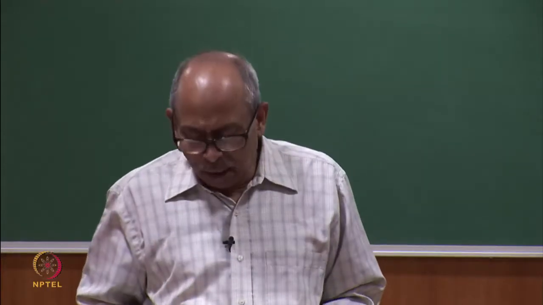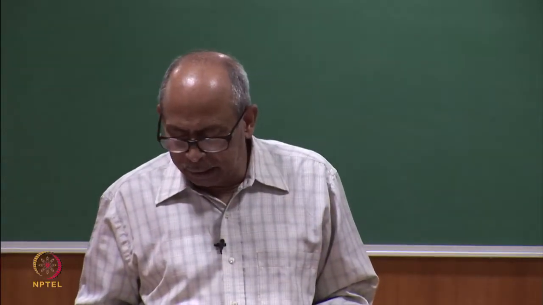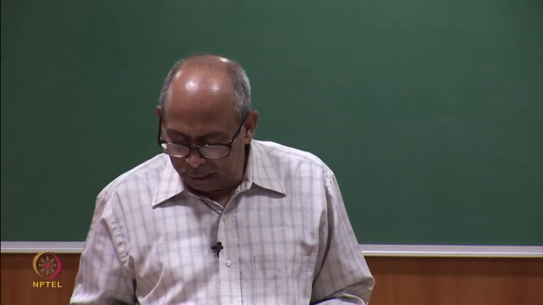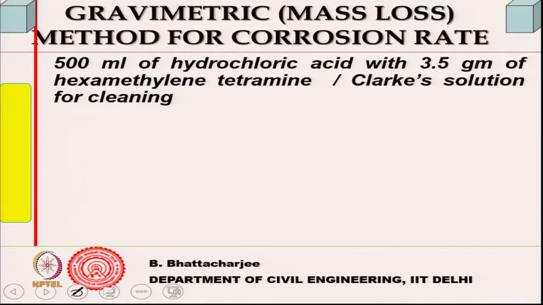But at a given time, if you want to find out, cut a piece of steel bar and clean it. It is basically done with two sorts of solution. One is hexamethyl tetraamine, or Clark solution. Clark solution is basically stannous chloride, antimony chloride in acids and so on. And this is hexamethyl tetraamine.